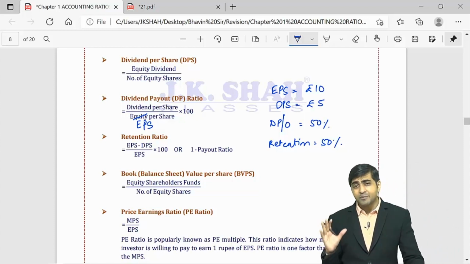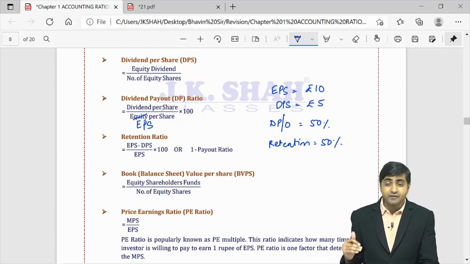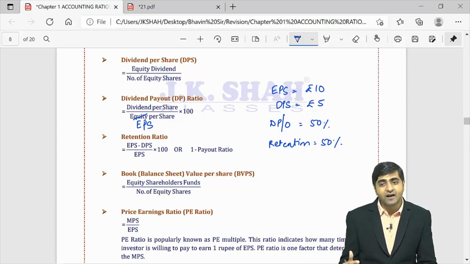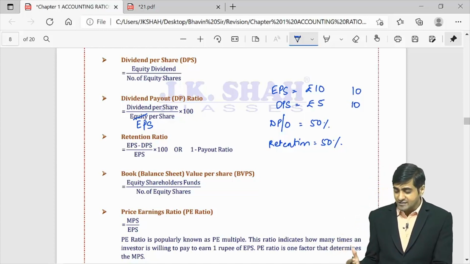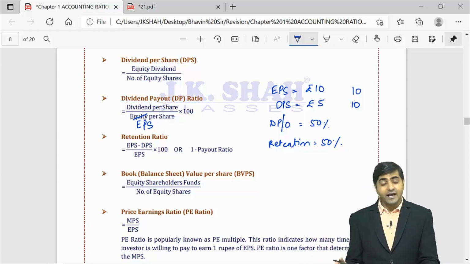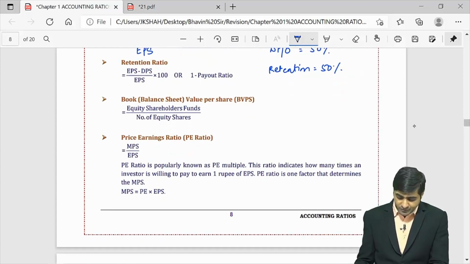Whenever we talk about dividend payout ratio, we take the dividend per share and divide that by EPS into 100. This gives us your payout. Suppose your earning per share is 10 rupees and your dividend per share is 10 rupees. Then your dividend payout ratio will be 100% with no retention at all. So retention is nothing but 1 minus payout ratio.